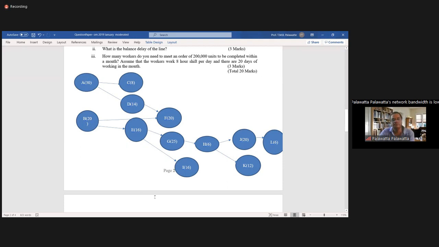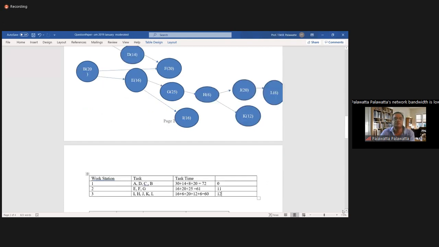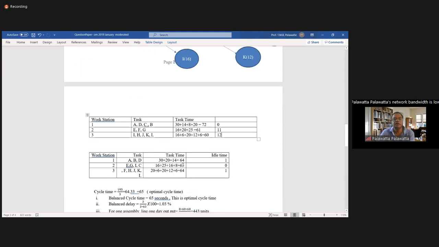And then the balance cycle time is, once you balance the line, let's say in this one the balance cycle time is 65, and in this one it is 72.